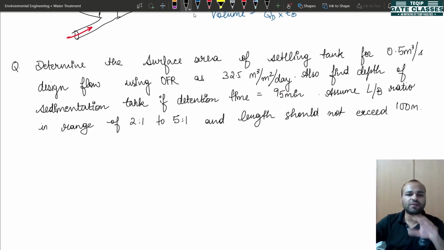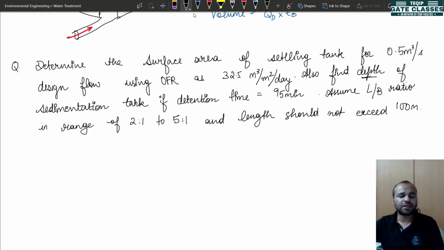Keep in mind that the OFR value is given, you have to determine the surface area of the settling tank for 0.5 meter cube per second design flow. You also need to find out the depth of the sedimentation tank. You have been asked to assume L by B ratio in the given range, and the length should not exceed 100 meters. Try the question by yourself.